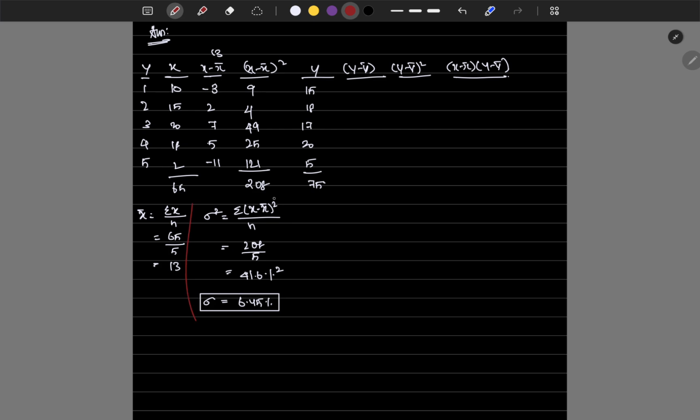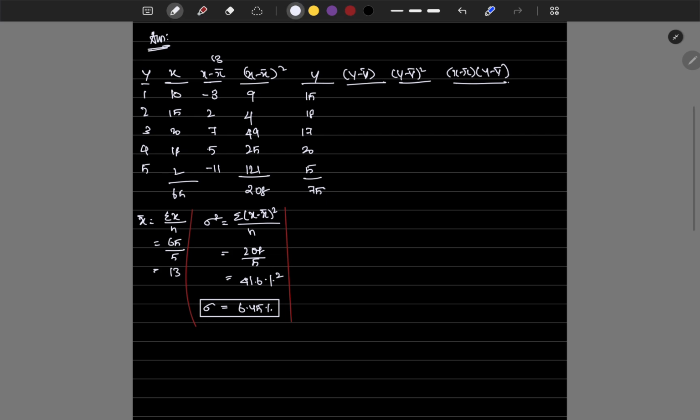So what is y bar? Summation of y divided by n. 75 by 5, which is 15. 15 percentage is the average return.